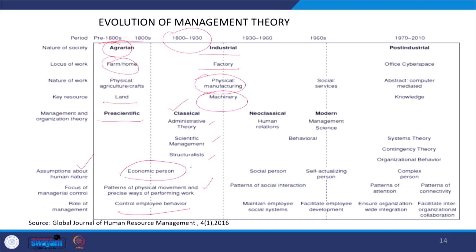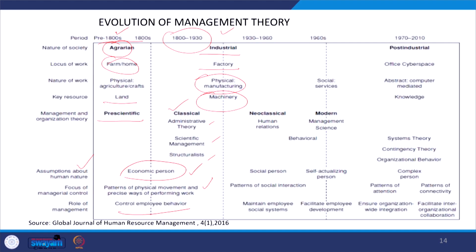The assumption about human nature was the economic view of the person. The focus of managerial control was patterns of physical movement, a precise way of performing work, that means there is one best way of doing a work. The role of management was again a control mechanism. So, the entire viewpoint from pre-1800s to 1930s was management by control mechanism.